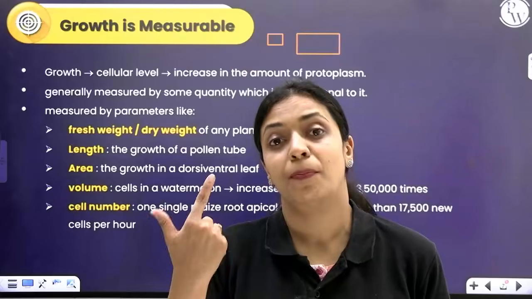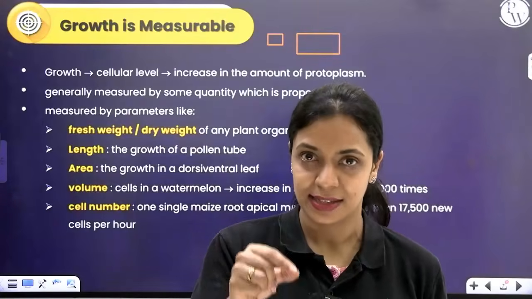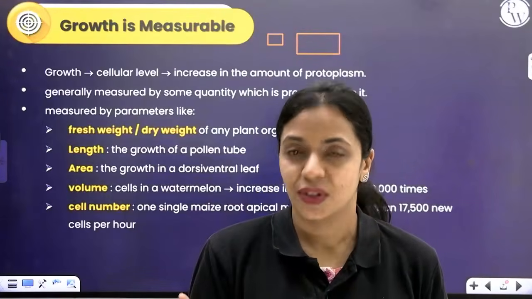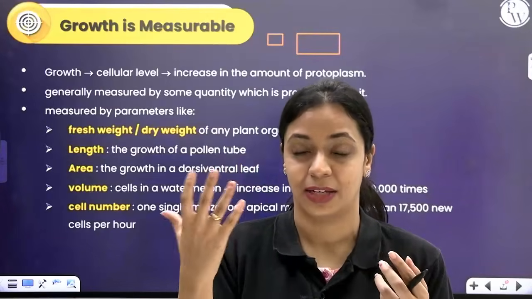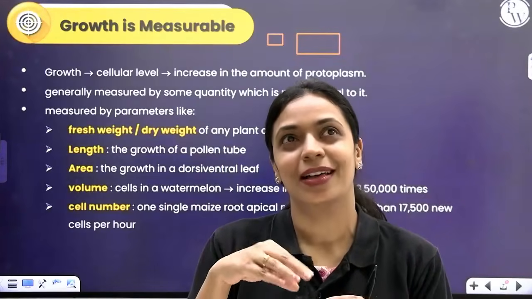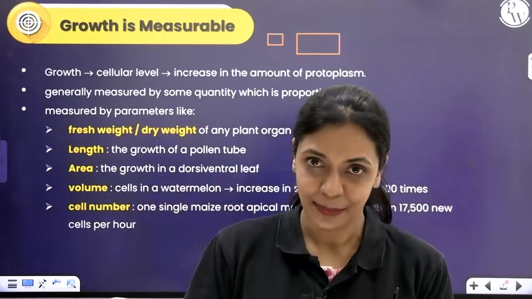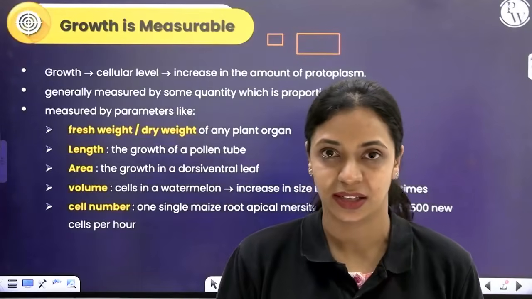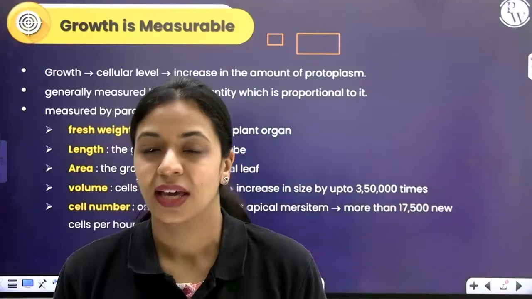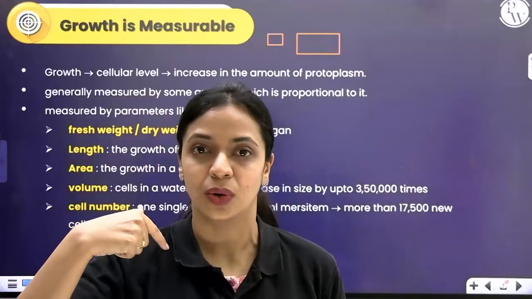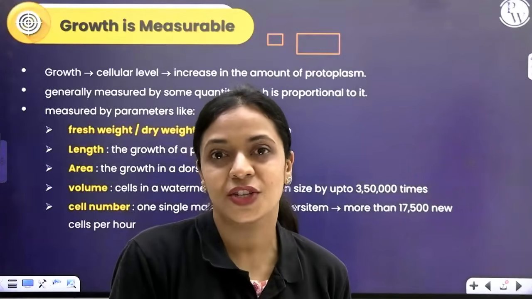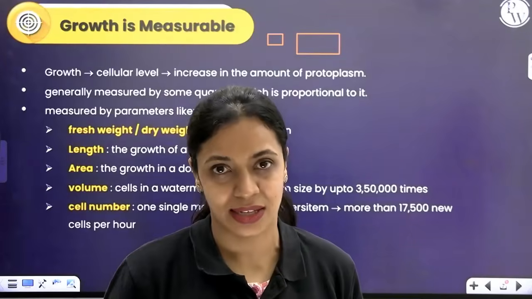So whichever part of the plant that cell is in, if it has shown some increase in volume, obviously that part of the plant also will show an increase, right? So that is easier to measure. It's easier to measure how many centimeters or millimeters a root has grown instead of measuring how much extra volume of cytoplasm does one cell have right now.